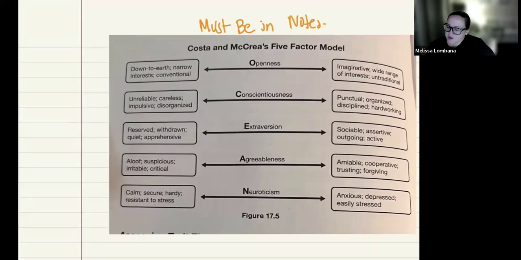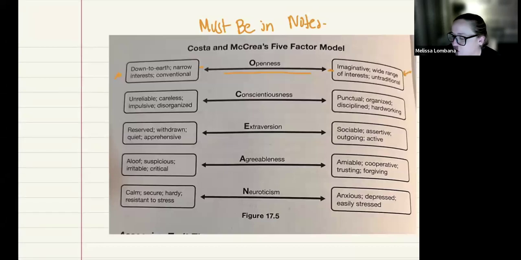So you see here you have openness, conscientiousness, extroversion, agreeableness, and neuroticism. And you're on a spectrum, right? Some people may be more on this side, others on that side, some in the middle, and you'll do this little quiz and find out. Openness: if you're all the way at this level, you're more down to earth, narrow interest, conventional.